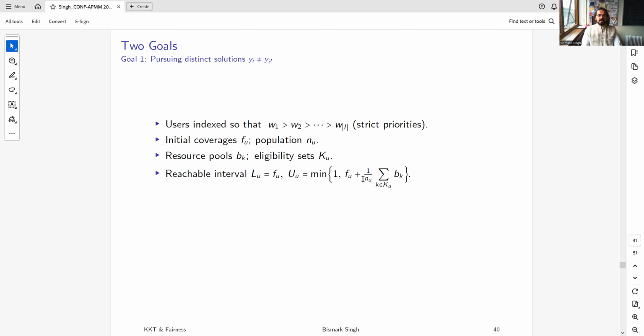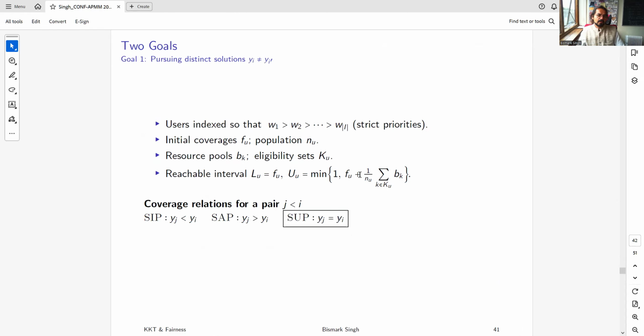Then any user U could have any level of coverage lying between the lower level, which was the initial coverage, and the final level. The final level cannot be more than 1, but it can also not be more than what you get if you hand out all the resources to this user.